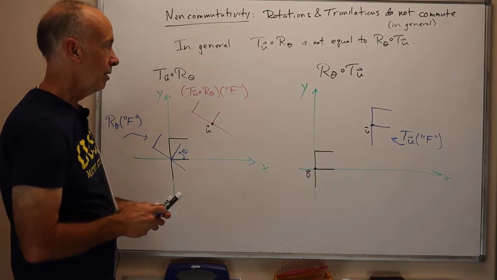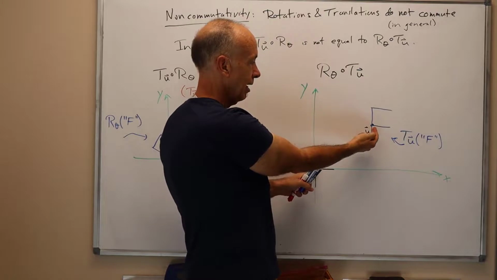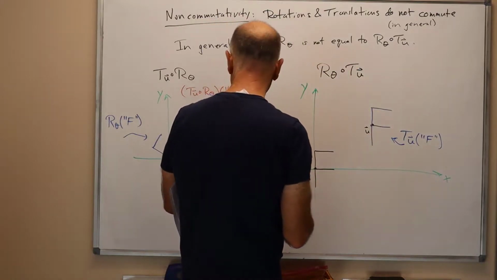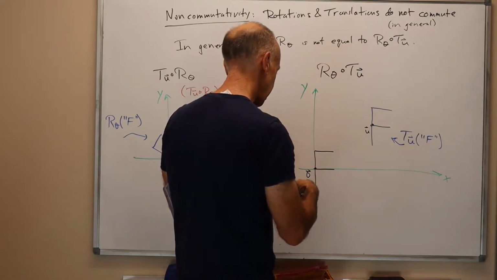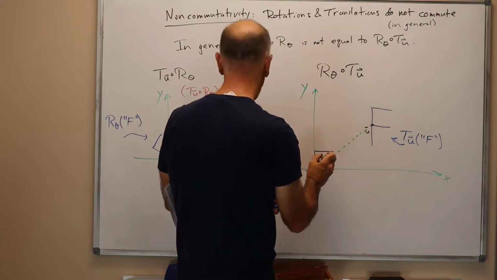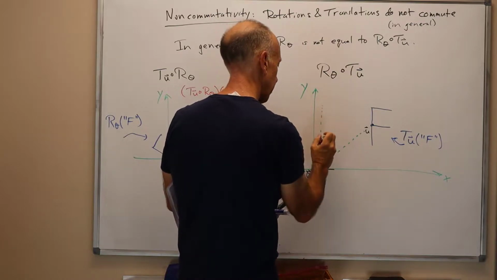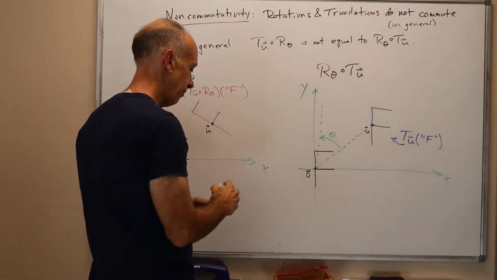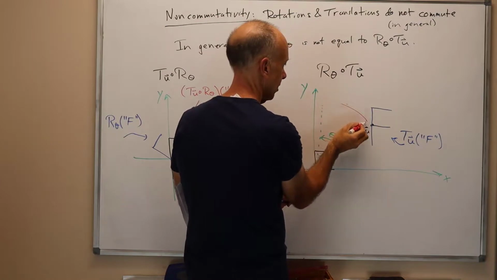Now we rotate with R theta. When we rotate with R theta, we keep the origin fixed, and we rotate everything in the plane through angle theta. So what happens here is, I'll draw a dotted line here. We're going to rotate through angle theta, which I'll put like this. So this takes the F and rotates it up like this.